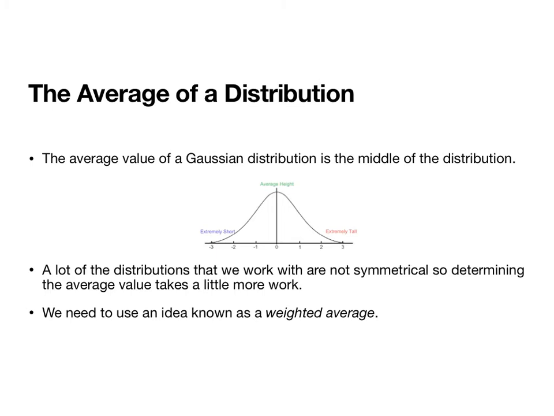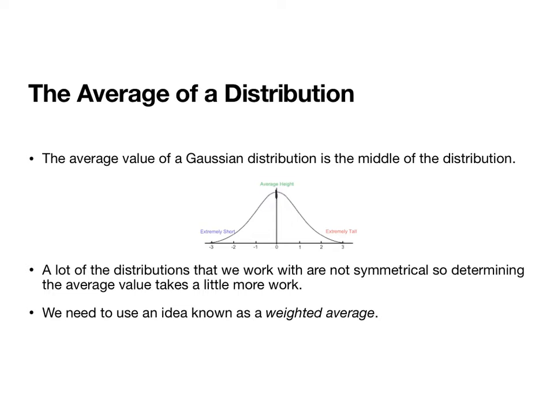Okay, so remember when we started talking about the kinetic molecular theory and Boltzmann distributions, we started from this idea of the Gaussian distribution. And we said this was for things that are random. Well, the Gaussian distribution is very nice because it is symmetrical. And when we have a symmetrical distribution, the average value is the middle of the distribution, or the peak.